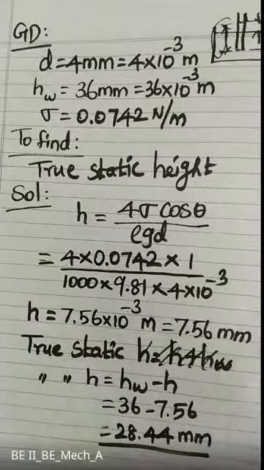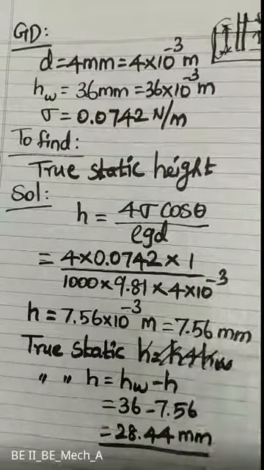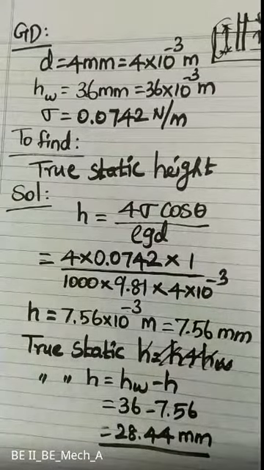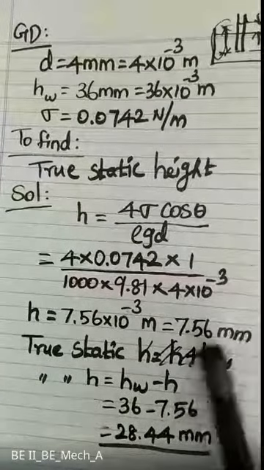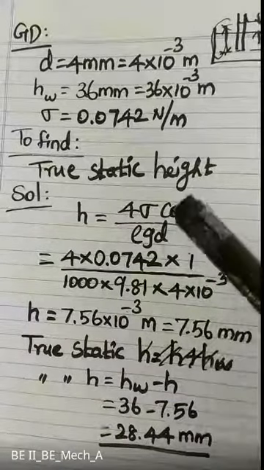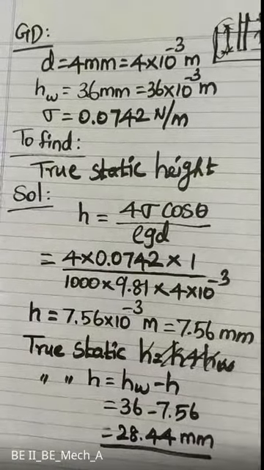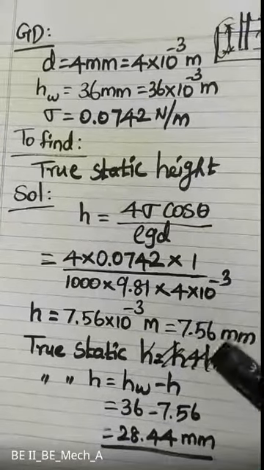Okay, so the final capillarity value will become zero. Similarly, if you are increasing this particular value 3 times, there will be a reduction of capillarity 3 times. Okay, it is indirectly, sorry, inversely proportional. By increasing the diameter, there will be a reduction in the capillarity.